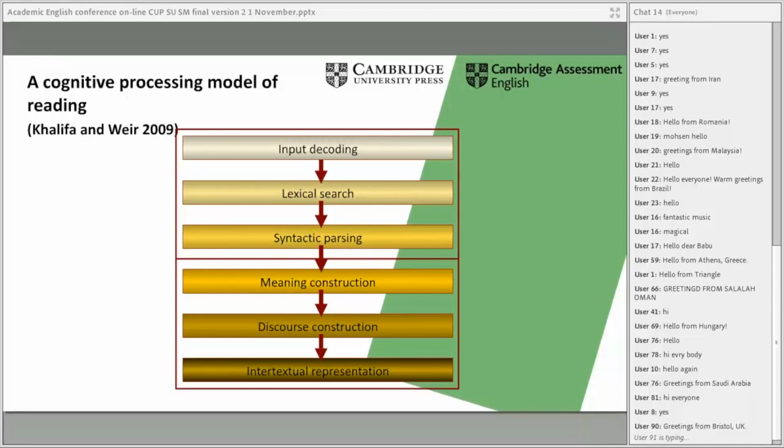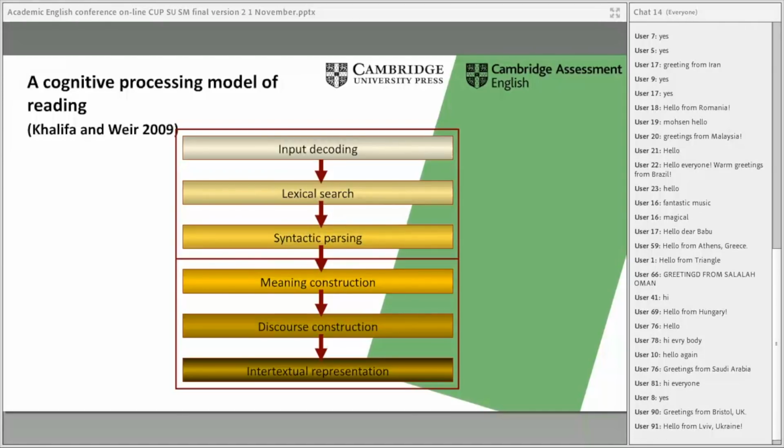And this is, of course, much more complex than working with a single text. For example, the coherence and cohesion which would exist within one text will not exist across texts, or there may be conflicting and contradictory information contained in the texts.